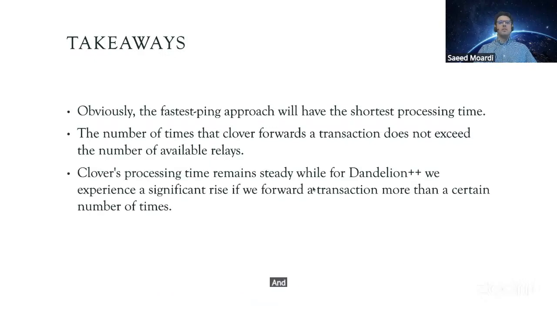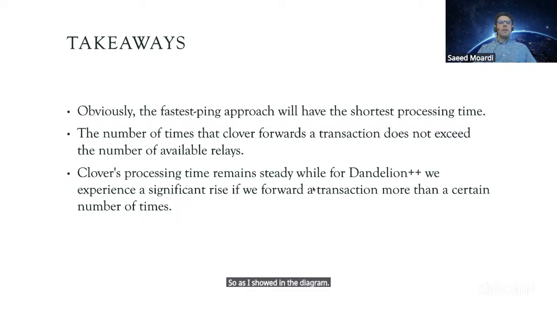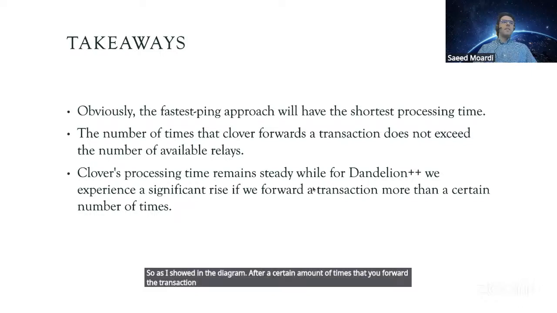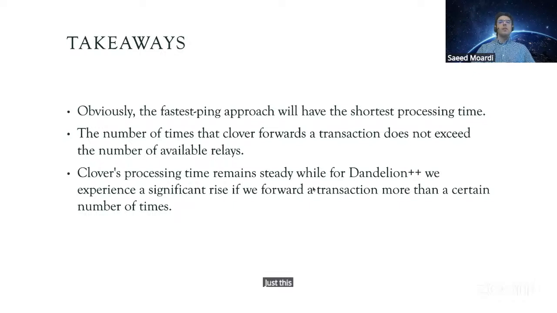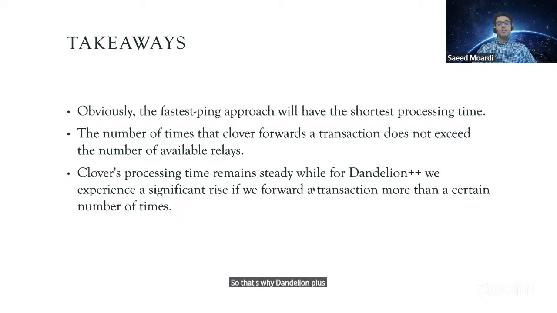Clover's processing time remains steady, while for Dandelion++, we experience a significant rise if we forward a transaction more than a certain number of times. As I showed in the diagram, there are also other transactions being processed in parallel by the relay service, and this mass forwarding of the transaction will significantly damage the performance of the system. So that's why Clover is outperforming Dandelion++.